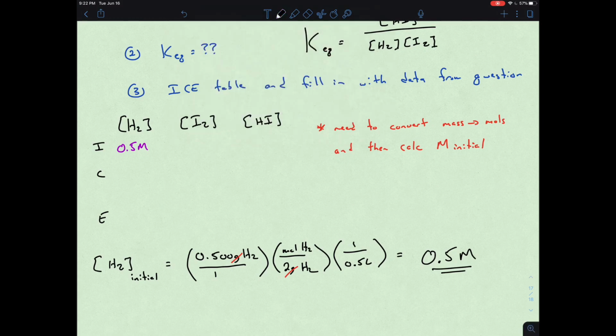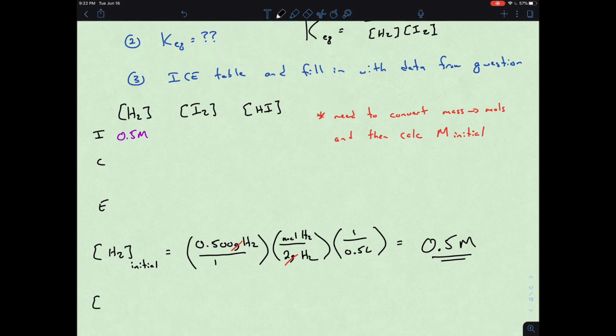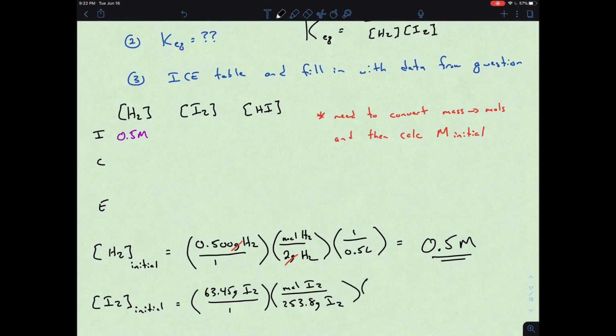Now we need to do the same thing for our iodine. The iodine had 63.45 grams of I2. Divide by its molar mass of 253.8, and then also divide by that same volume.